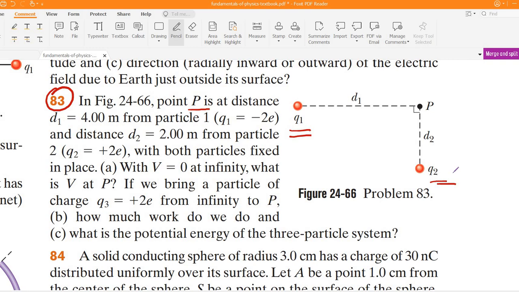Well, that's easy. That's 1 by 4 pi epsilon naught, then Q1 by D1 plus Q2 by D2. If we bring a particle of charge Q3 from infinity to P, how much work do we need to do? Just multiply that charge with that potential. And what is the potential energy of the 3-particle system? That's pretty easy.